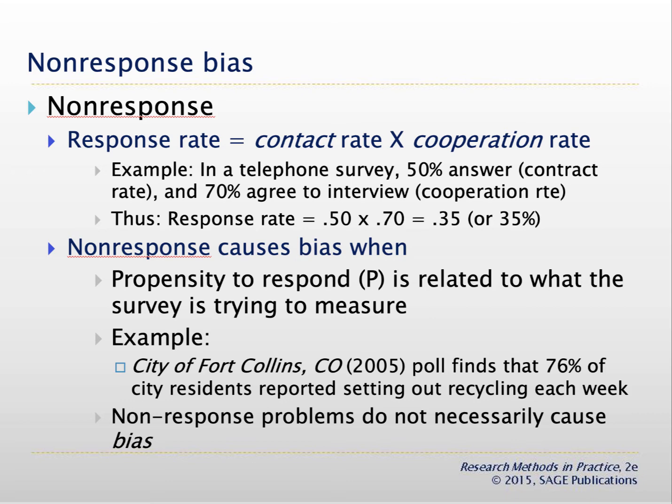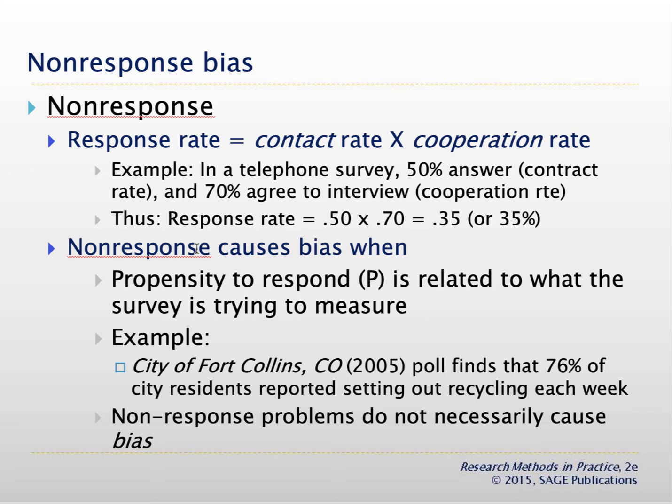So the rate, you can see that even if you've got a fantastic 50% contact rate, which isn't very standard now, and then say you have a fantastic 70% cooperation rate, that's still a 35% response rate. For many, many types of general population surveys like election polling, it's much, much smaller than that now.